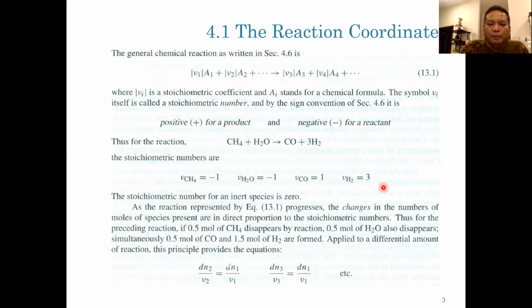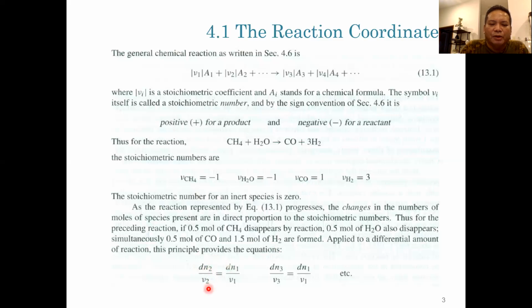So if we consume 0.5 mole of methane, then we need half mole of water, in which we produce half mole of carbon monoxide and 1.5 mole of hydrogen.